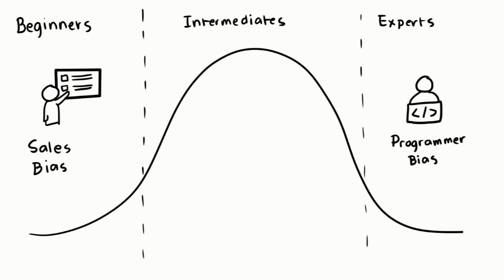As a result, sales and marketing tends to lobby for the needs of the beginner. And the end result is that the intermediate group, who are the majority of real users, tend to get neglected. You can see this often in enterprise and commercial software. The overall design biases towards expert users, and at the same time, cumbersome tools like wizards are grafted on to meet marketing or sales demands.